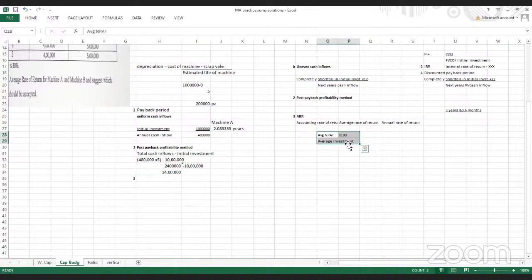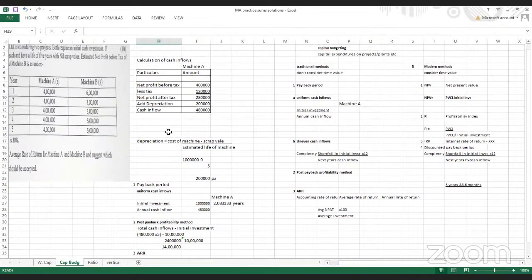The formula for that is average net profit after tax upon average investment into 100. You can even take original investment, that's fine. Into 100.